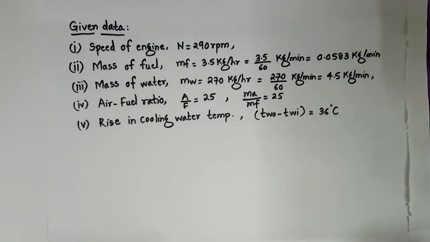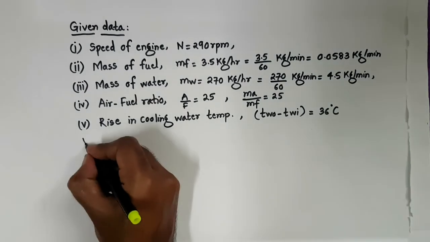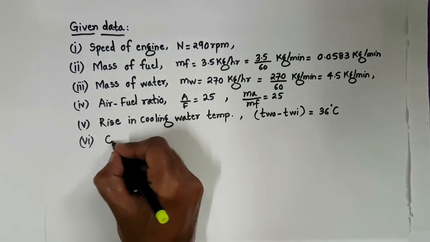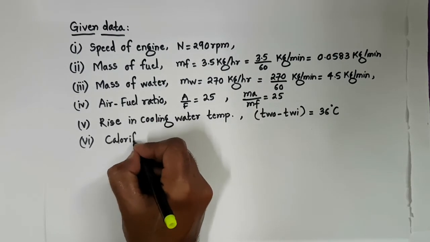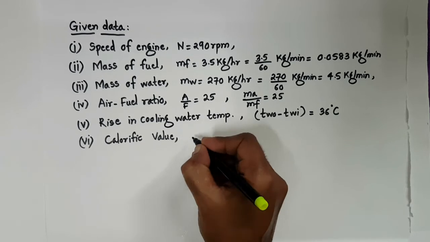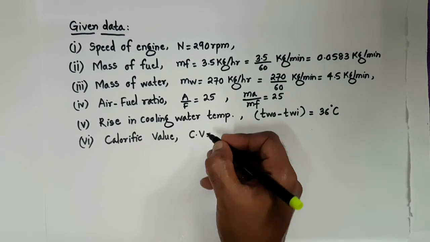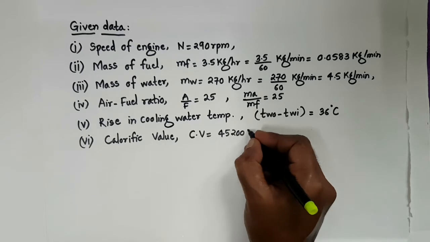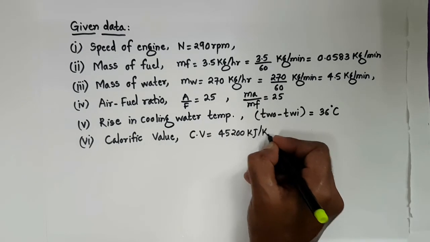We have to keep it in degree centigrade only because it is a difference. Next, sixth thing that is given, calorific value of fuel. So calorific value of fuel CV they have given for us is 45,200 kilojoule per kg.